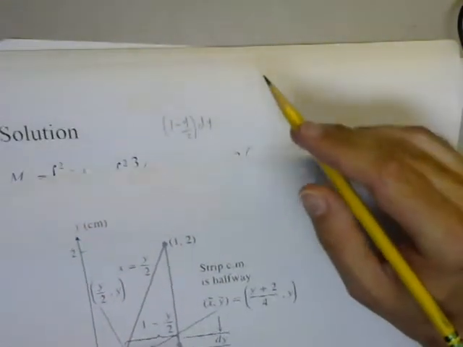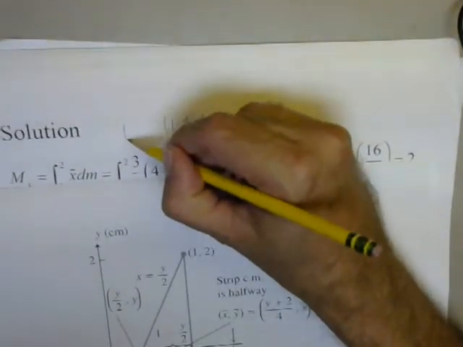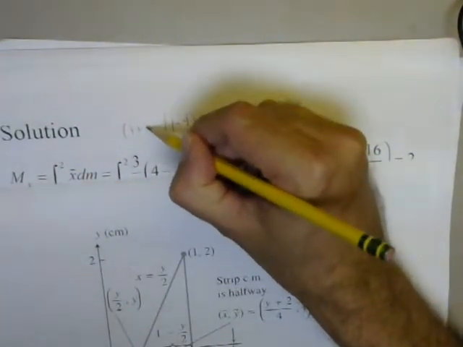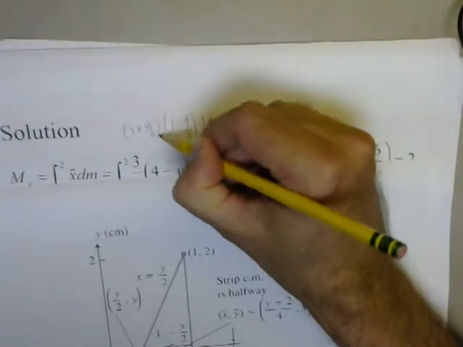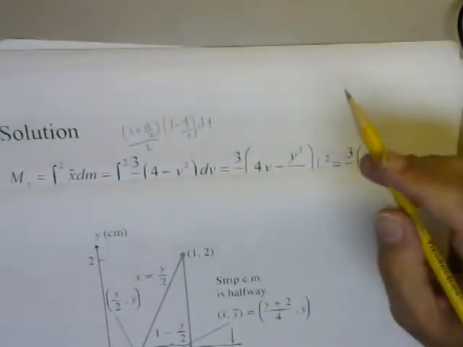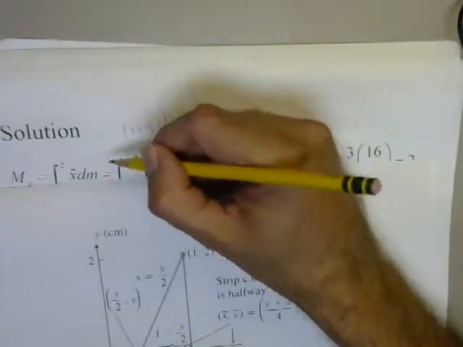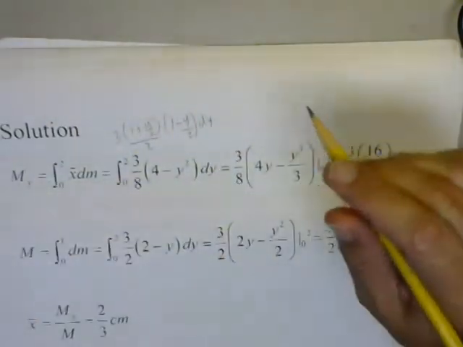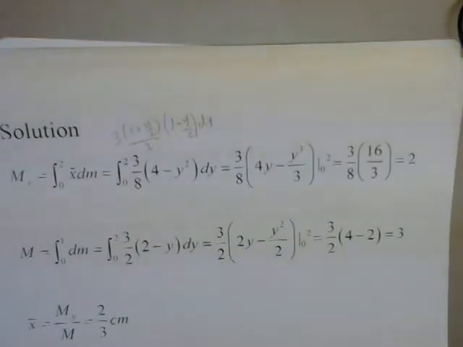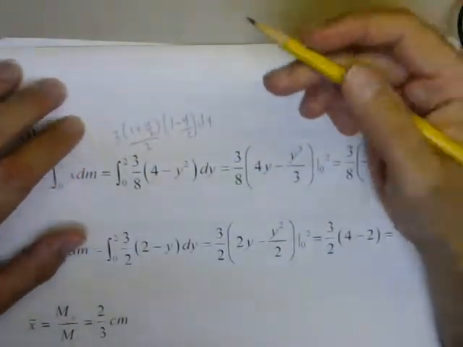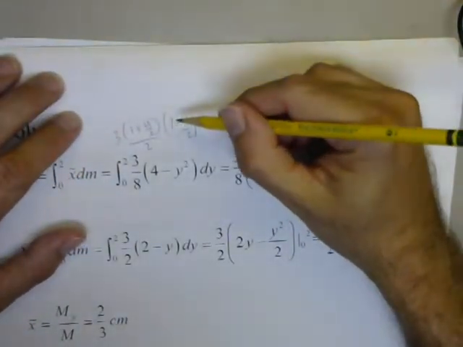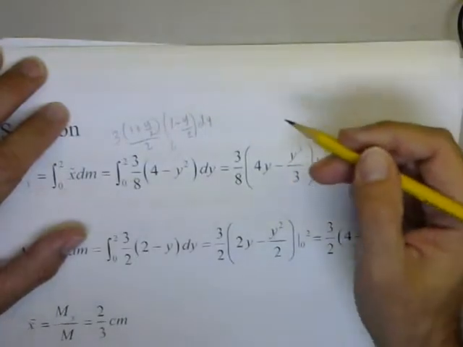So the distance there would be 1 plus y over 2, squared. And then I also have to multiply it times the density, which is 3. And that 3 could just come out front. Since it's uniform density, that doesn't really matter anyway. But then if you simplify that, that should give you that expression.